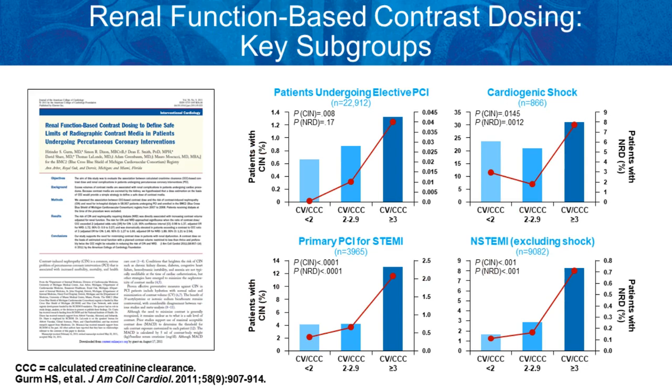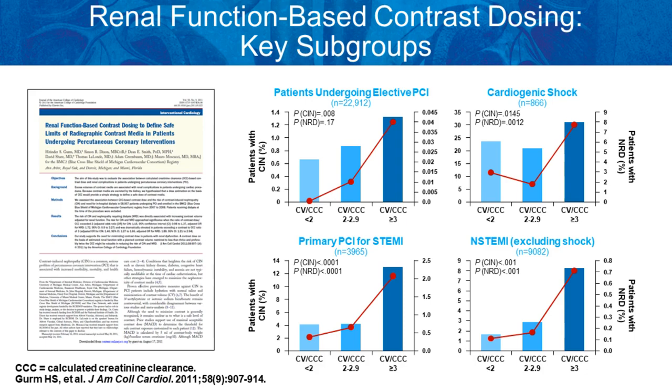If you look at these panels, the first panel is elective PCI. What's interesting about this is that if you have contrast volume to creatinine clearance ratio less than 2, your likelihood of contrast-induced kidney injury is very low. But most importantly, nobody in this group ended up on dialysis. And then if your ratio is 2 to 3, your risk goes up, and if your ratio is more than 3, your risk goes up dramatically.